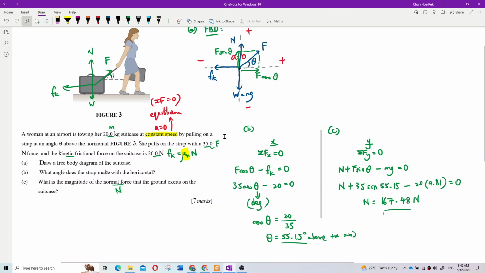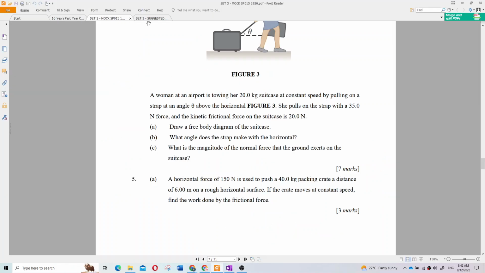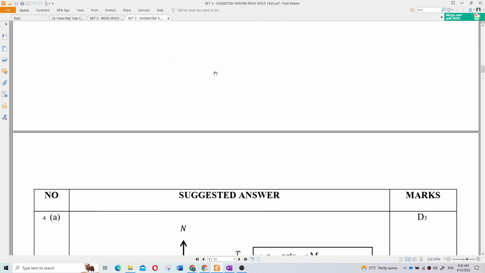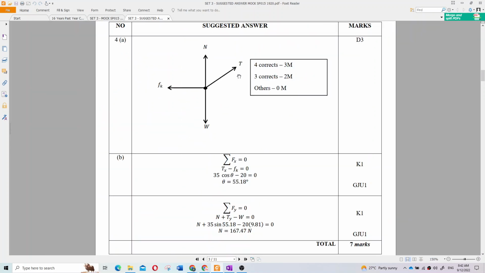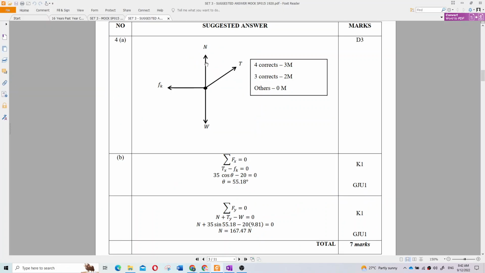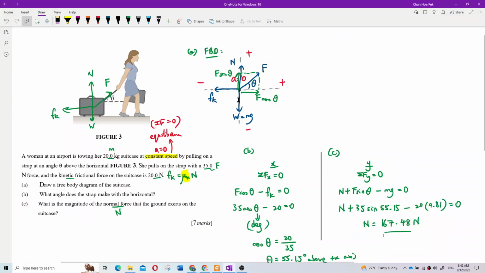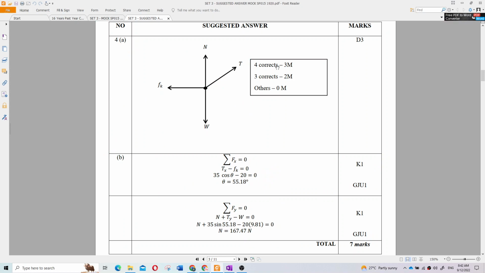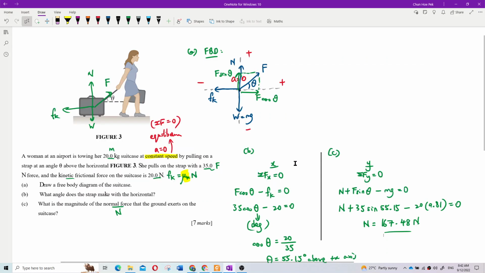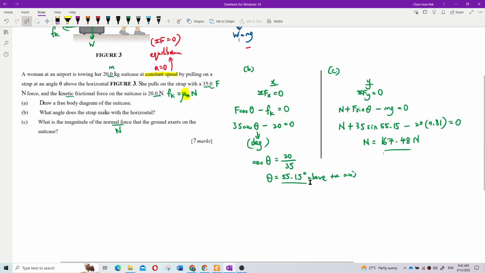Let me check the answer. Is it correct? So you see just now my free body diagram, all correct, right? That's the way. All correct, 3 marks. And then how about the angle? 55.18, 55.15.